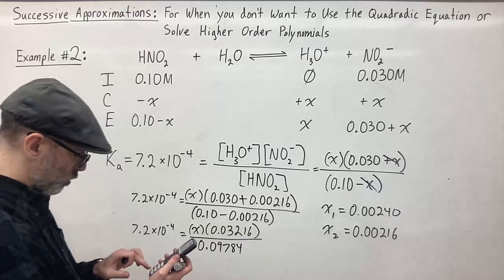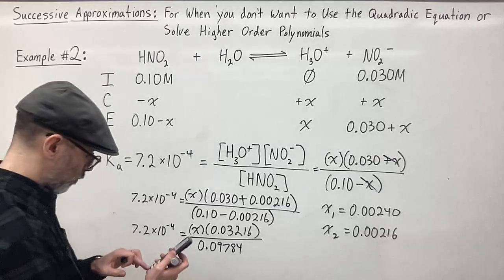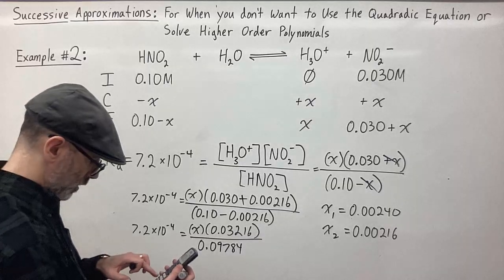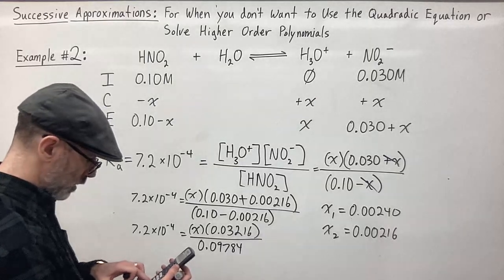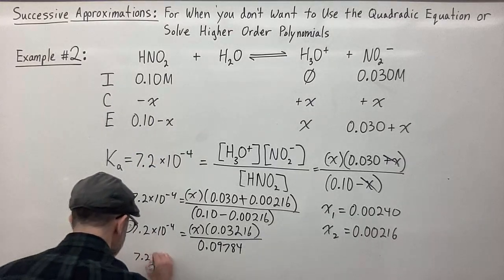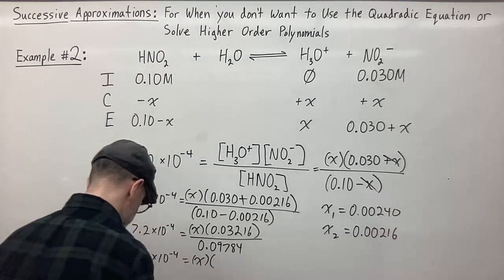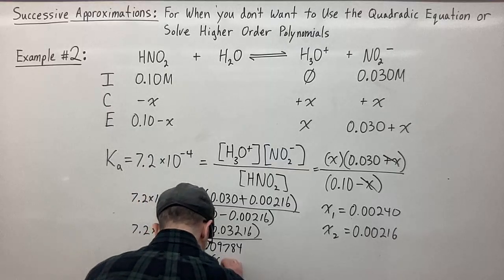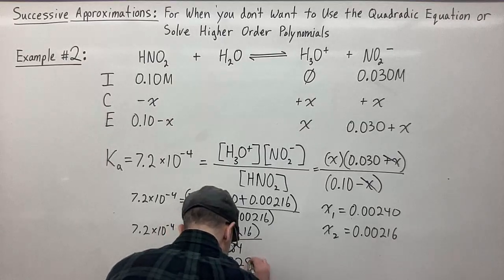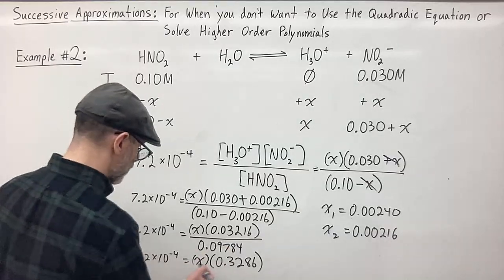And so now I'm going to take these numbers and divide them. So I get 0.03216 divided by 0.09784 equals, and I get 7.2 times 10 to the negative 4 is equal to x times 0.3286. And so now all I have to do is divide both sides by this.